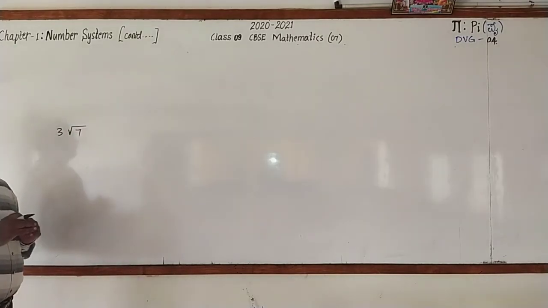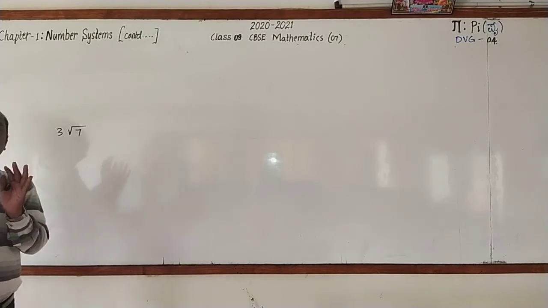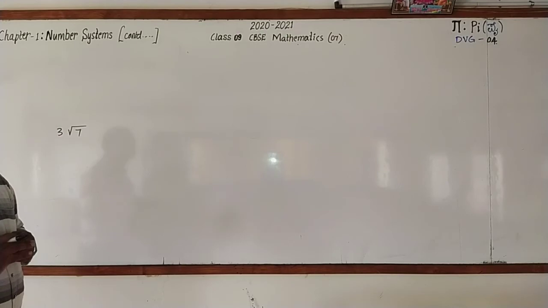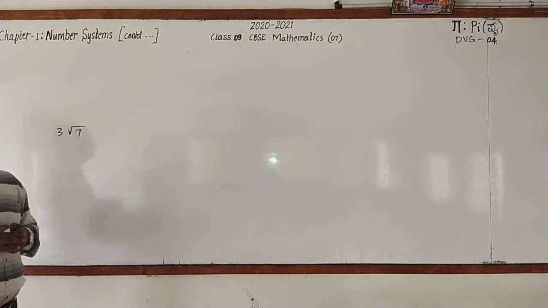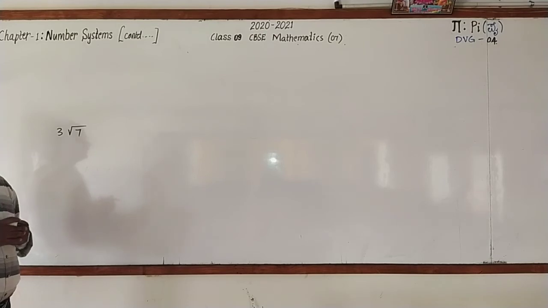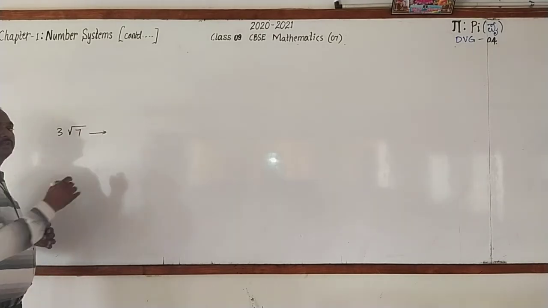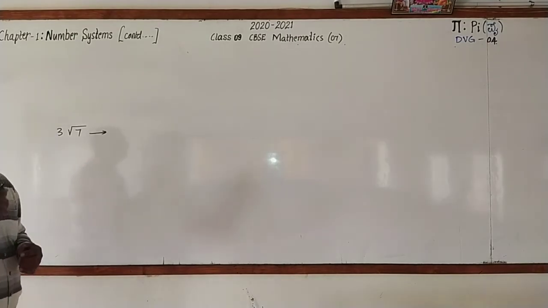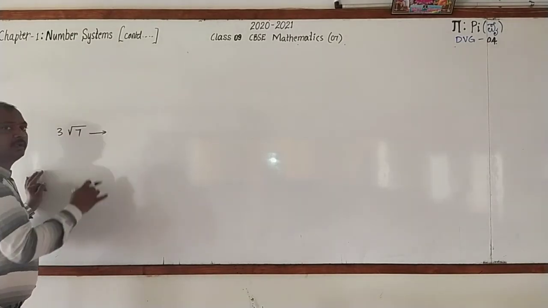Rational or irrational? I want to know whether it is rational or irrational. Yes, it is irrational. Can we convert this irrational number into rational? Yes or no? Yes, it can be converted. How? By multiplying another suitable number.